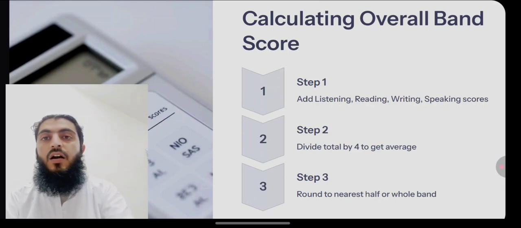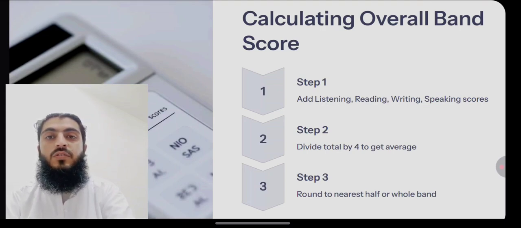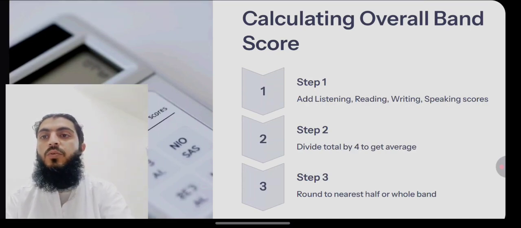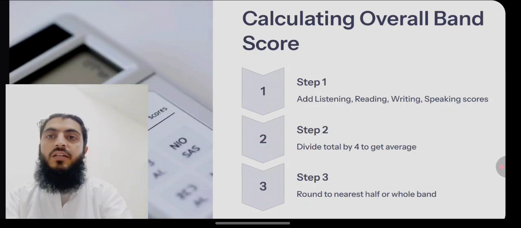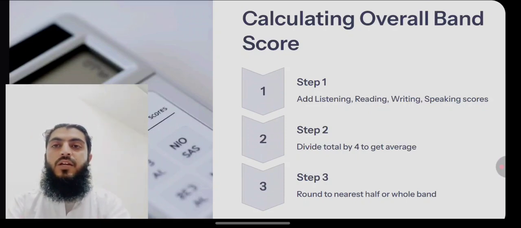Why by 4? Because we have 4 modules. Whatever value we get at the end will be rounded to the nearest half or whole band. So it will be your overall final band, derived from all 4 modules.